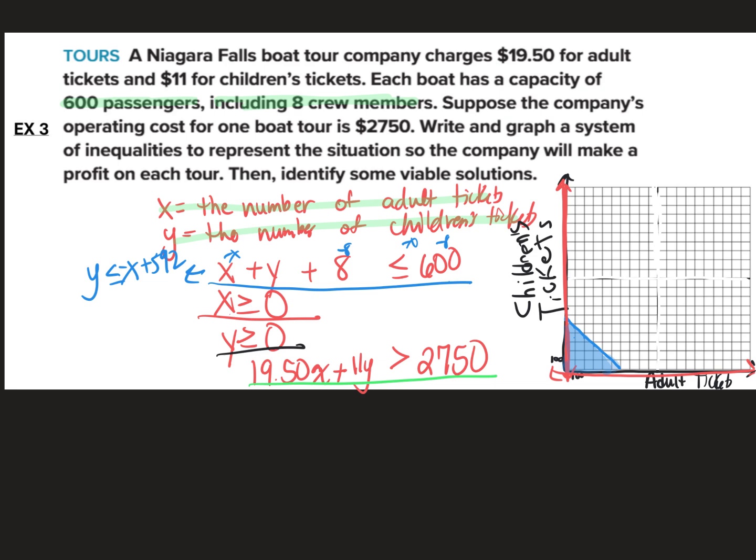I'm going to subtract 1950x, so 11y greater than negative 19.50x plus 2,750, divided by 11.